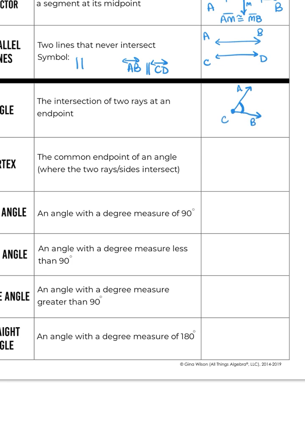So this we would say is angle ACB, or we might say angle C, depending on what we're looking at. The key thing about the angle is you need to be able to identify the vertex. So the vertex is where it all comes together.